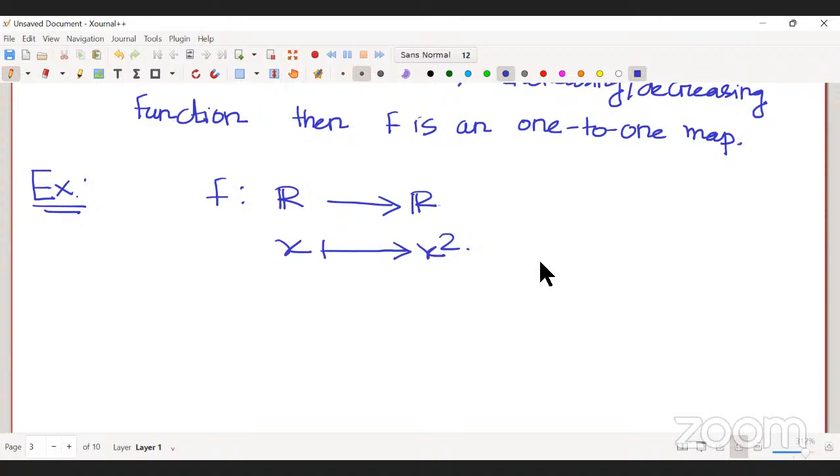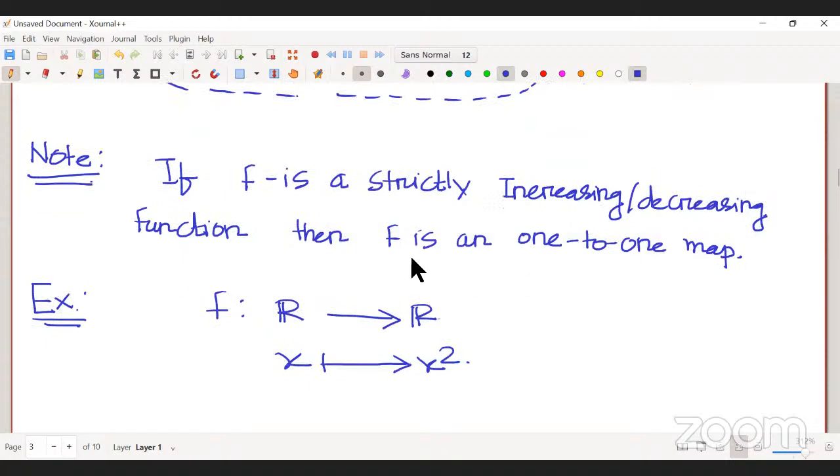One thing I said, if you remember, is that if a function is either strictly increasing or strictly decreasing, then it is always one-to-one. So if this function that takes x to x square were strictly increasing or strictly decreasing, then it has to be one-to-one, right?